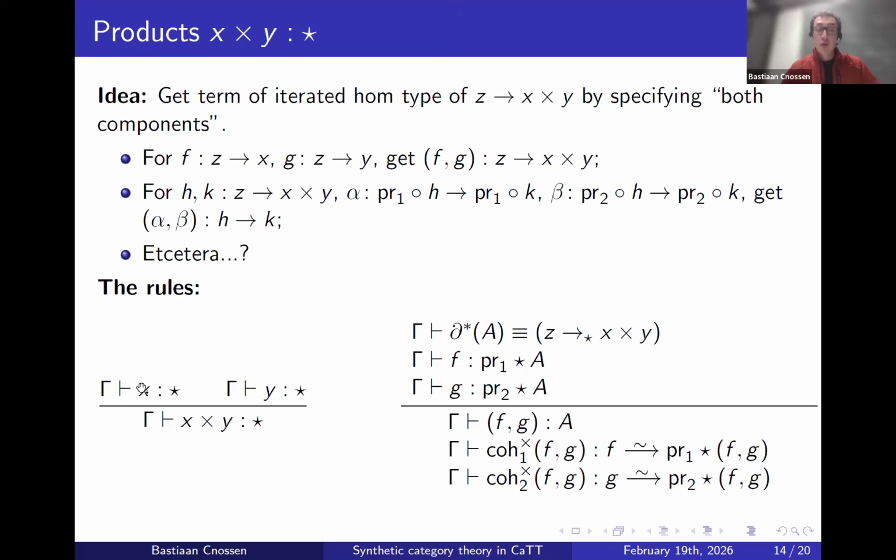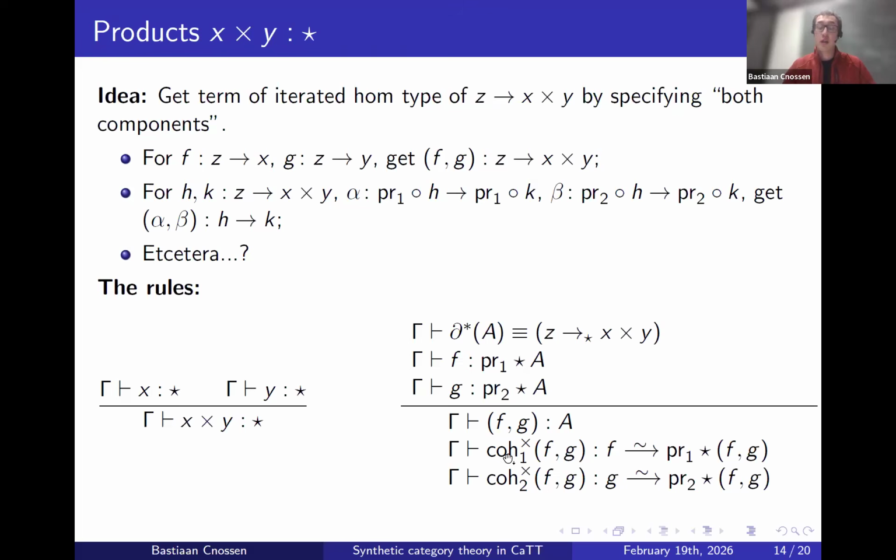It says for objects X and Y, there is a product, X times Y. And then the universality says whenever I have some type A, which is an iterated Hom type of the type of morphisms from Z into the product, and I'm given a term of A after whiskering with the projection to the first factor, F, and I have also a term G in A after whiskering with the second projection, then I obtain this pair F comma G inside A.